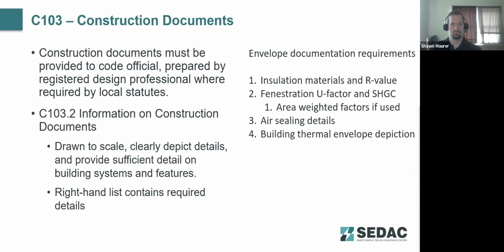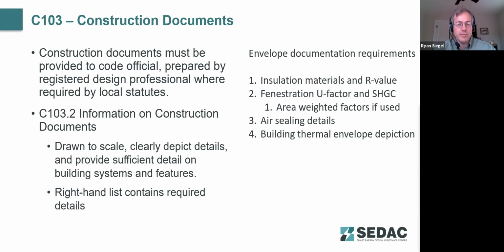The code does call out several items that need to be in the construction documents, and these do have to be provided to the code official and prepared by a registered design professional, be that an architect or engineer. The code does call out several features that have to be part of the construction documents.